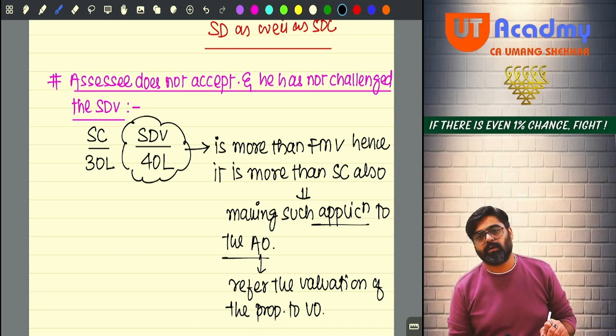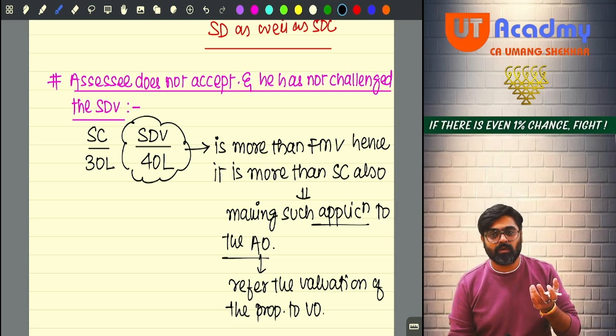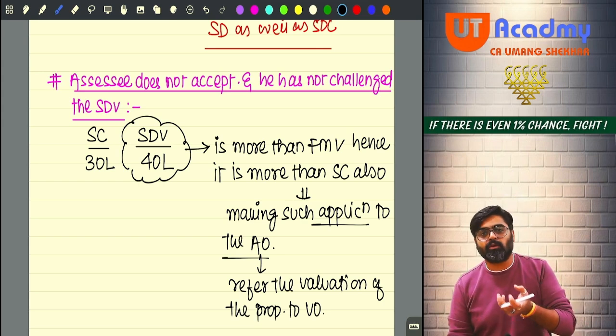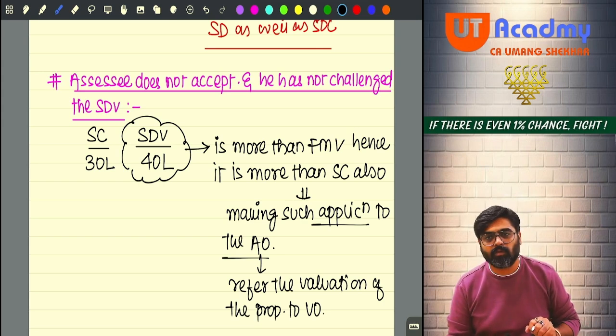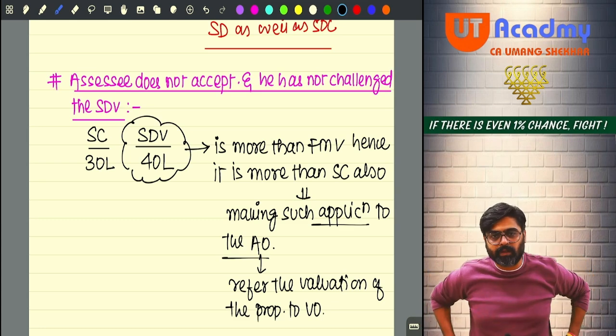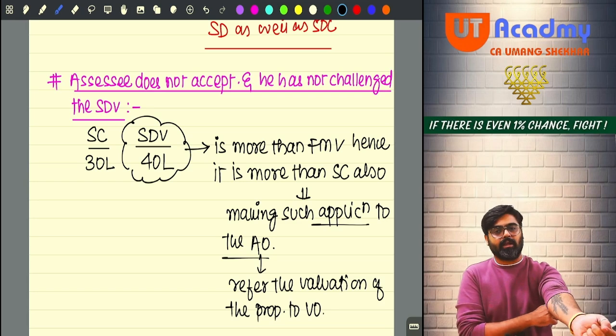valuation officer. In the income tax department, just like assessing officers, there are departmental valuation officers also. Their work is to determine the different values of different assets and tell the correct values to the assessing officers for conducting the assessments. Sometimes for some property, the value needs to be determined, and the AO does not have that expertise.